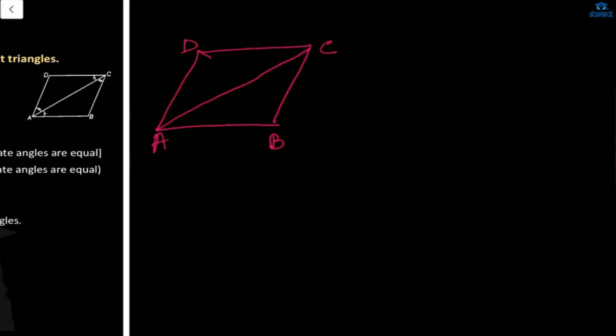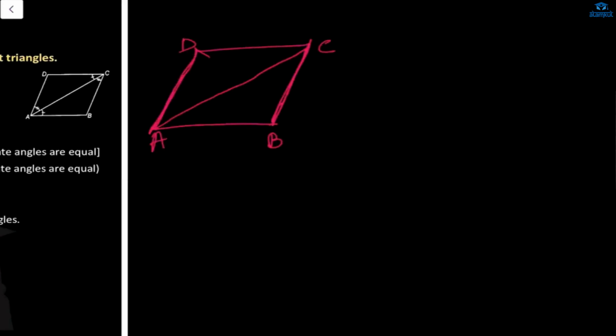If you see here, BC is parallel to AD, and AC you can say is a transversal. So angle BAC will be equal to this angle because of alternate angles.